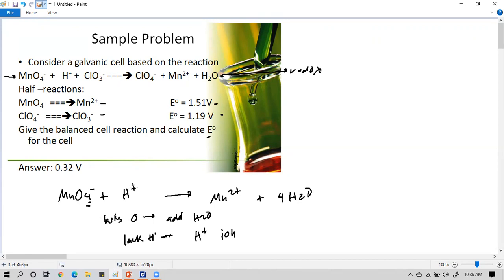So there are 8, right? So you balance it using 8. So we have balanced the reaction in terms of the elements.